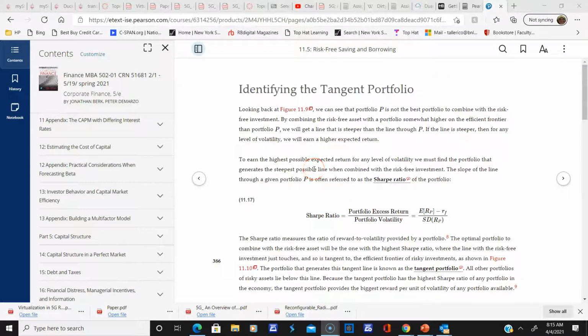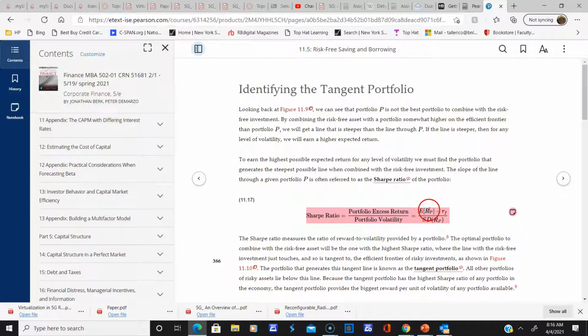Okay, so the next question was, what is the difference between the capital market line, or otherwise known as the security market line, and the Sharpe ratio? There are 3 terms here: the capital market line, the Sharpe ratio, and the security market line. First of all, the Sharpe ratio, which is equation 11.17 in your book, is very similar to the capital asset pricing model.